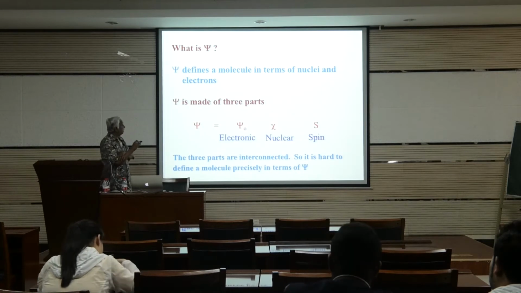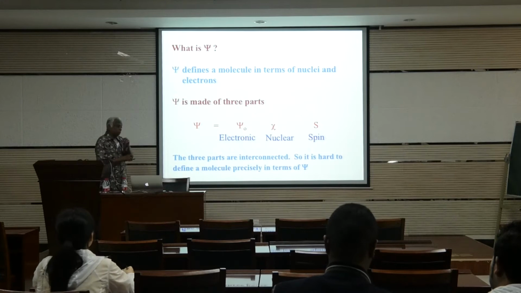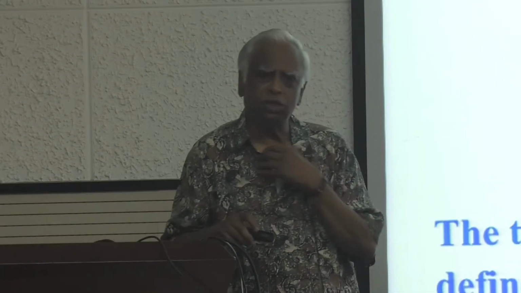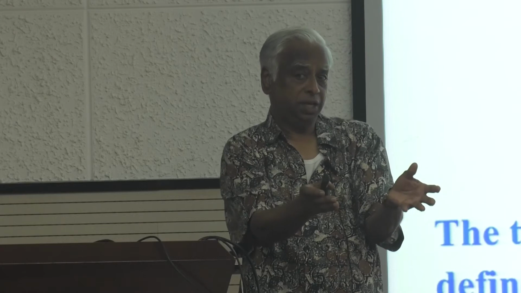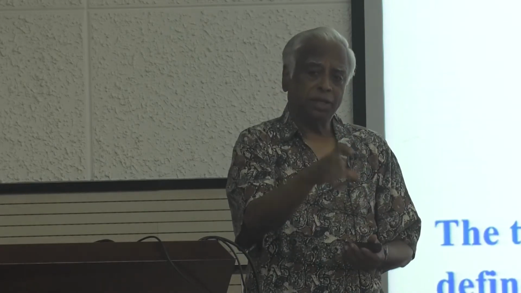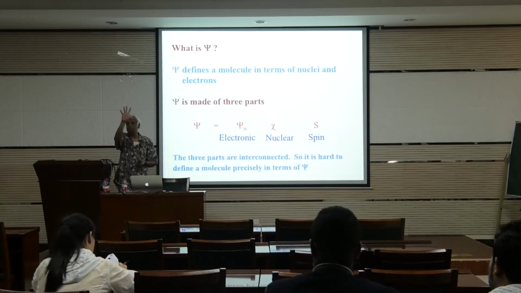The psi defines all this, and to make things simple, because our goal is to make things simple, because it is not that easy to figure out a psi for something, because the psi contains everything: atoms, the nuclei, electrons, the spin, all the information contained in this tiny psi.